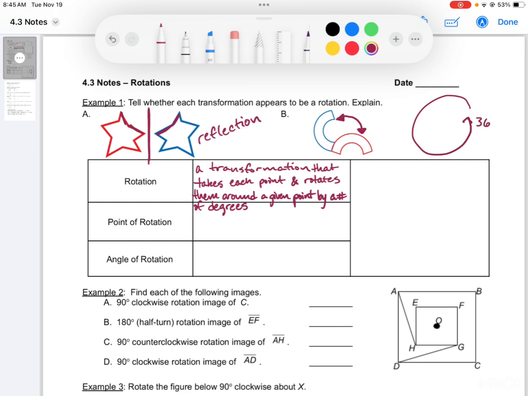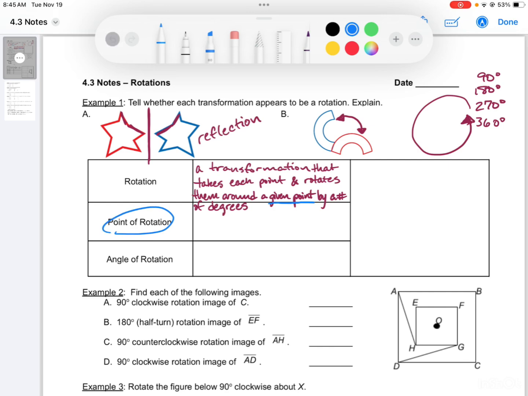And so it's really important that there's 360 degrees in a circle. You could go either way. Obviously a quarter of a circle is going to be 90 degrees, a half turn is going to be 180, three-quarters is going to be 270, and a full turn will be 360. And obviously there's all the angles in between also.